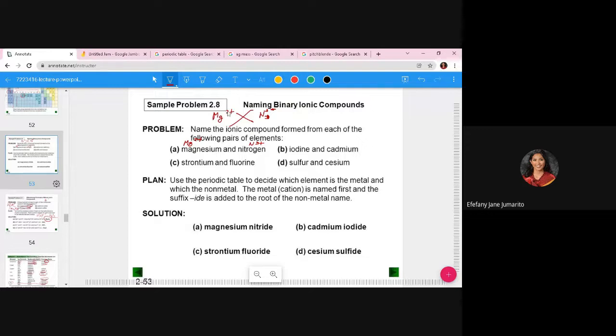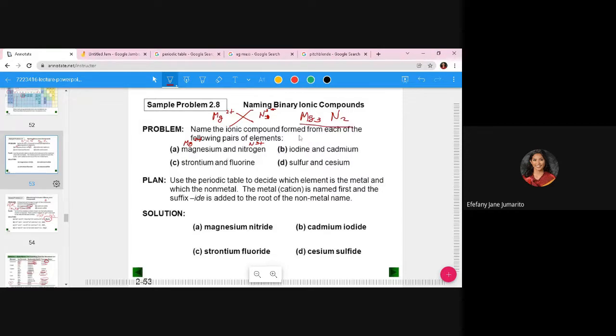The 2 goes to nitrogen and the 3 goes to magnesium as subscripts. So we have Mg3N2, magnesium nitride.